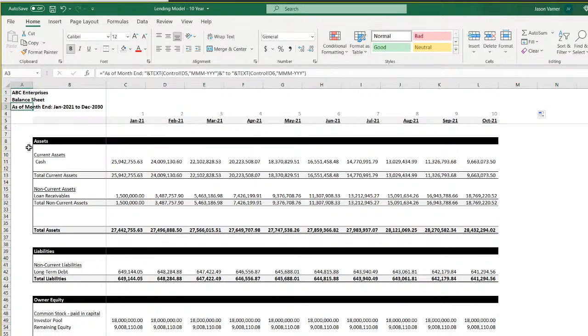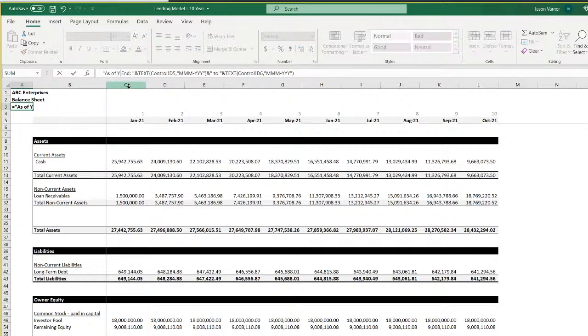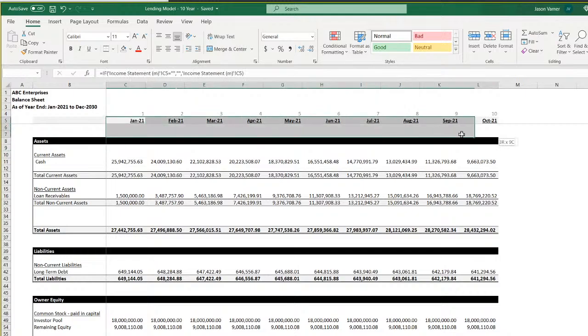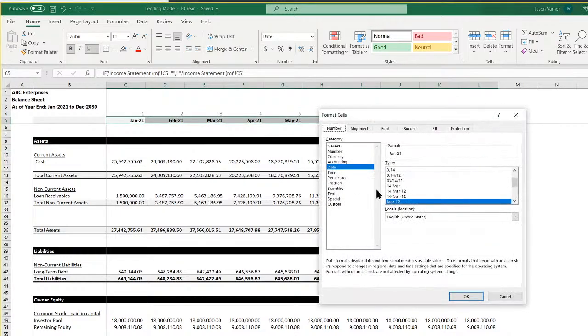And this will be as of year end. Now, let's think about this. So cash flow, the end of the year one. Oh, let's format the dates real fast. So these are going to be for years, not months.